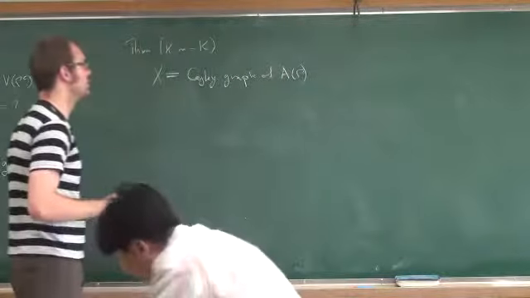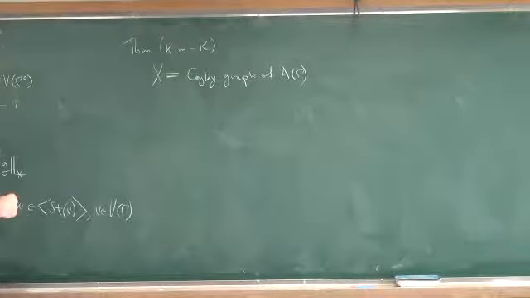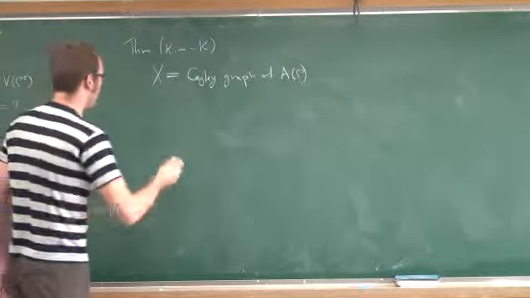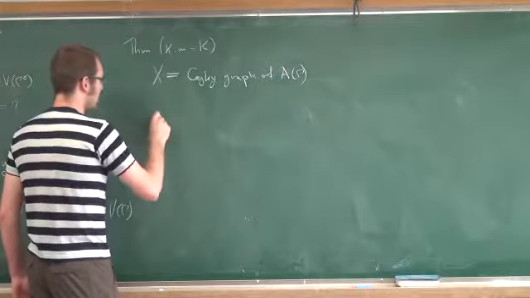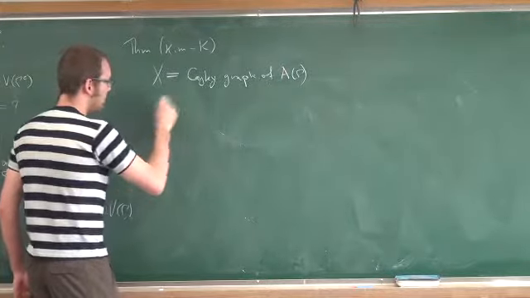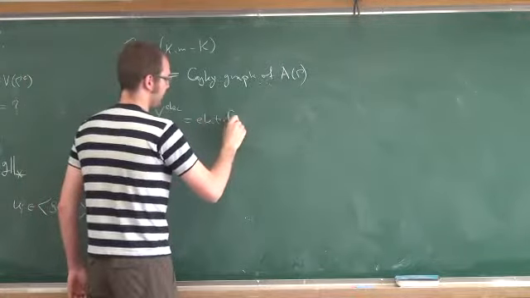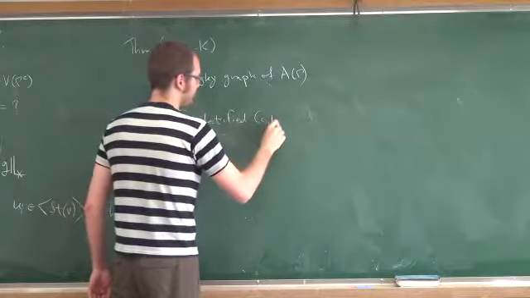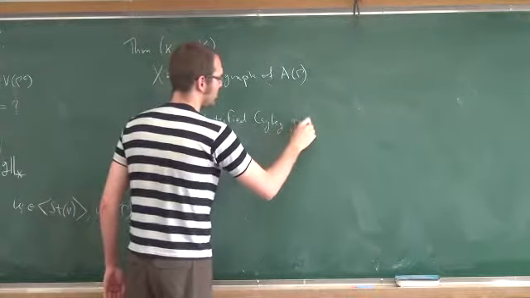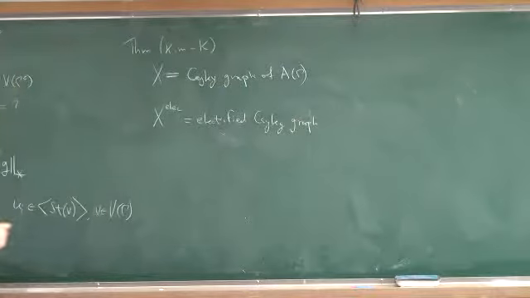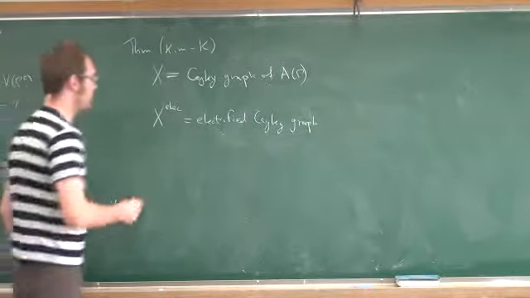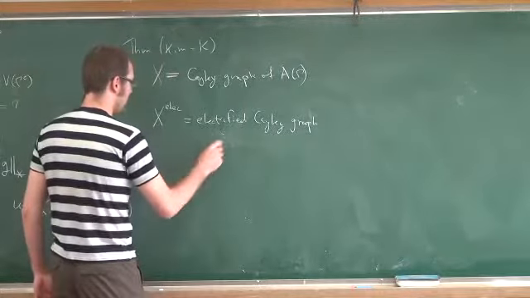It doesn't matter which generating set I choose. And what I'm going to do is construct an electrified Cayley graph. What this means is that I'm going to essentially make all of these star subgroups uniformly finite diameter.